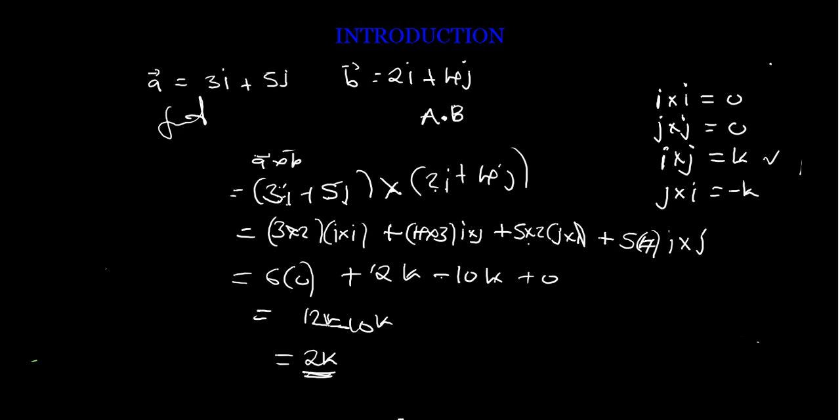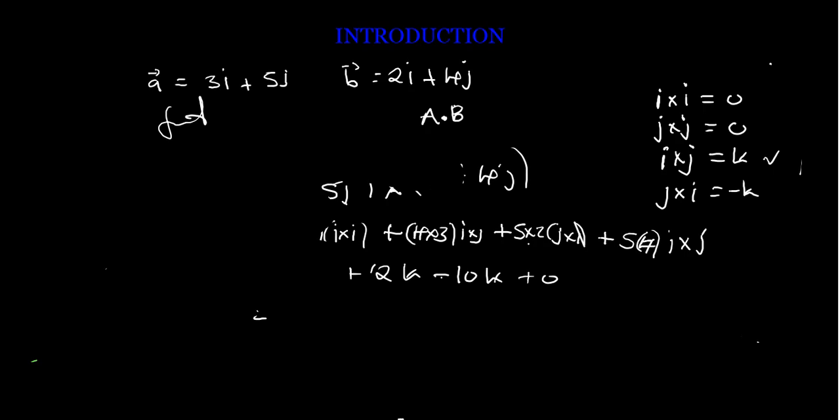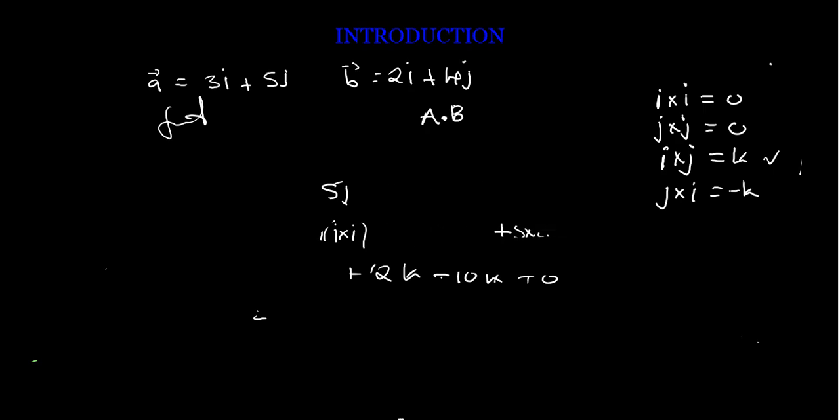So I can ask you to say find now the unit vector which is perpendicular to these vectors. So if you hear the word unit vector, a unit vector is just a vector divided by its magnitude. All right, so a unit vector is a vector divided by its magnitude.